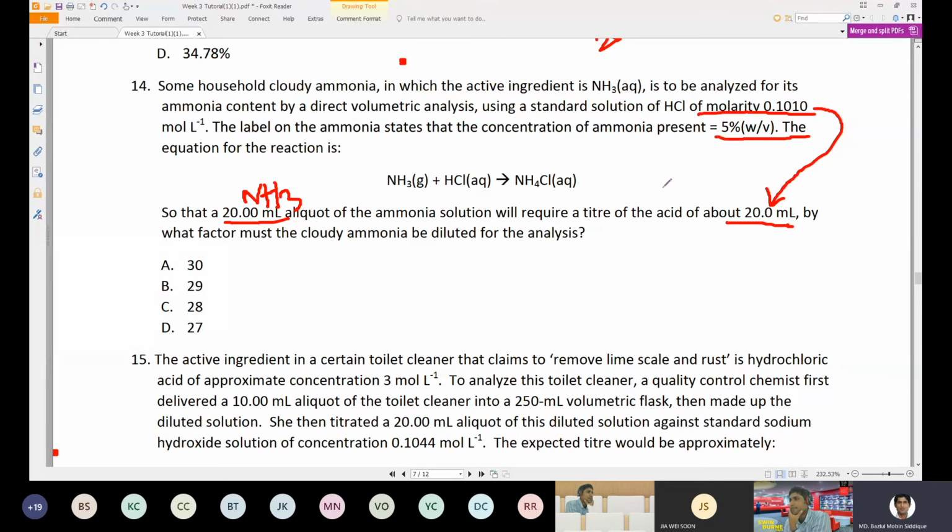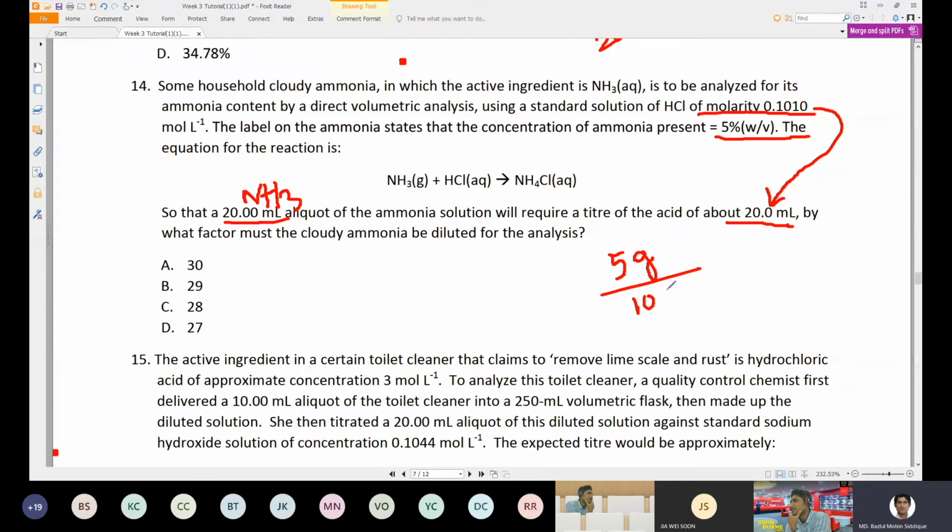Okay, so now since it is 5 weight by volume percentage of ammonia present, that means in 20 milliliter, how many gram of ammonia will be there? So 5 weight percentage means 5 gram in 100 milliliter.